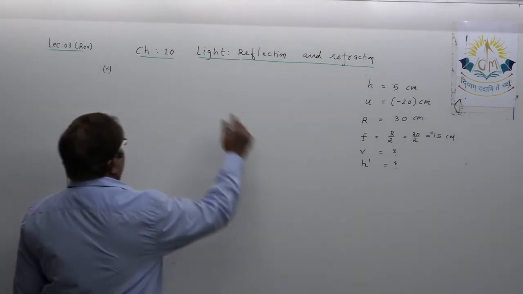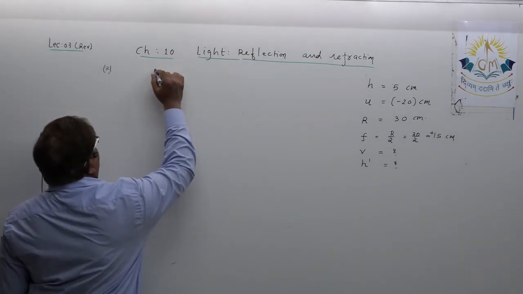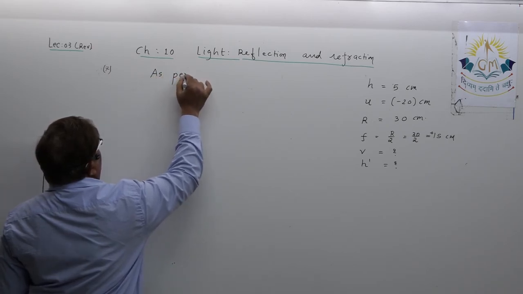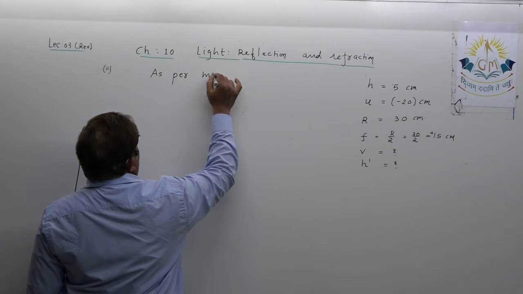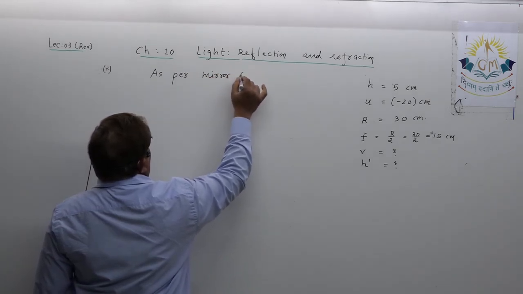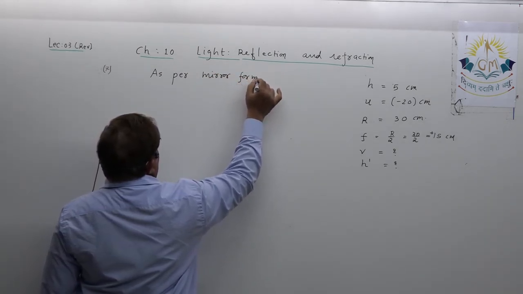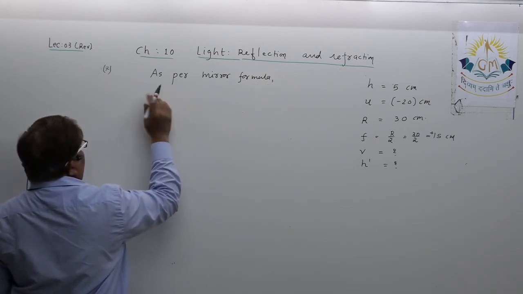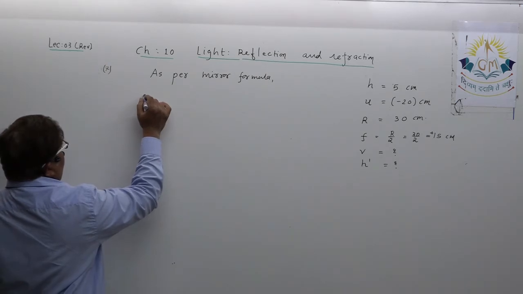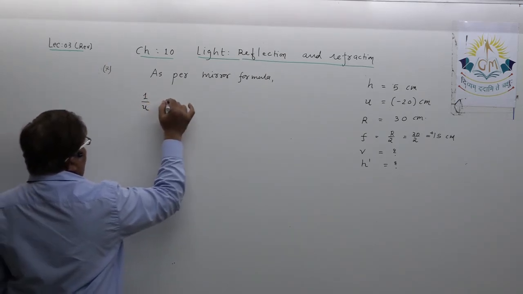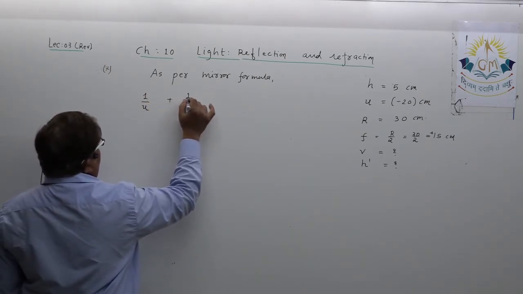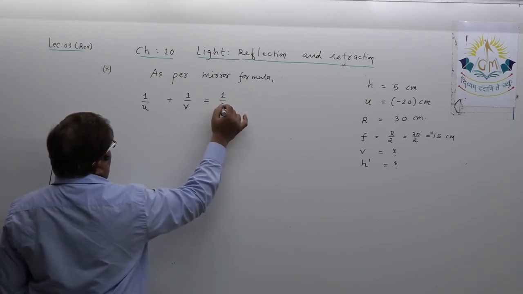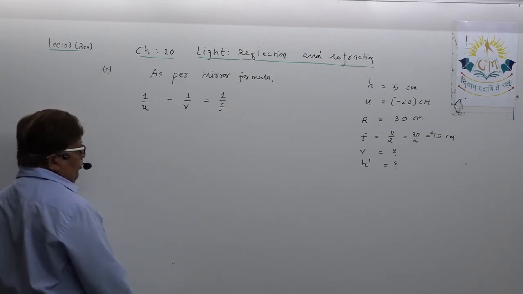Convex mirror, so dear student, you will write as per mirror formula: 1 upon u plus 1 upon v equals 1 upon f.